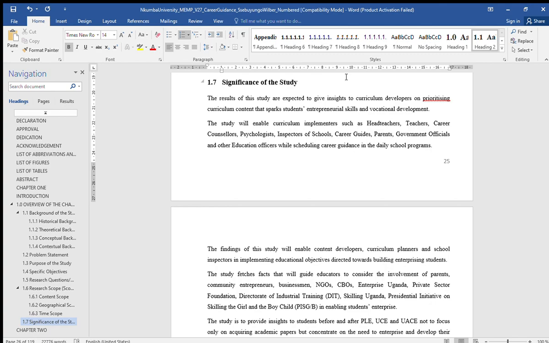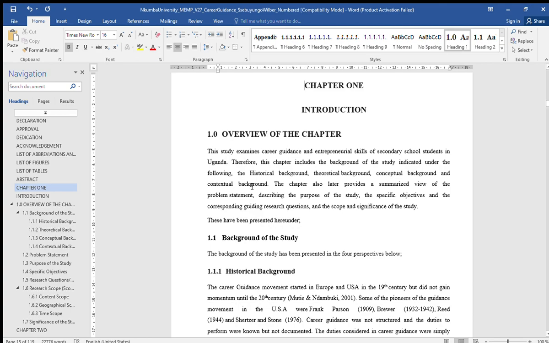But we have always agreed that if a student comes up and says significance of the study, when the study is significant, you don't need to justify a lot, given the fact that you have already defined what the research problem is and the objectives are also clear. So justification of the study is not very necessary. So that is 1.7 significance of the study. I think now we have the framework. What we don't have right now is what goes where and why.